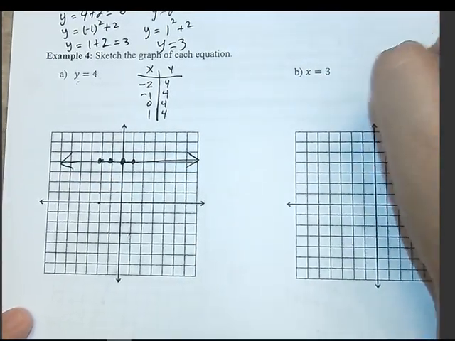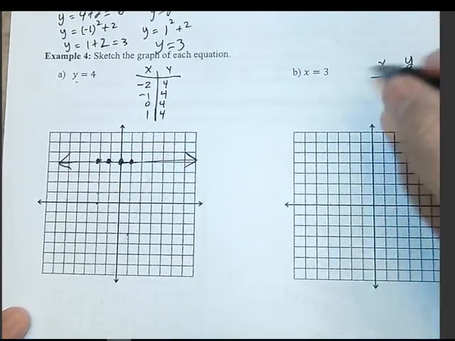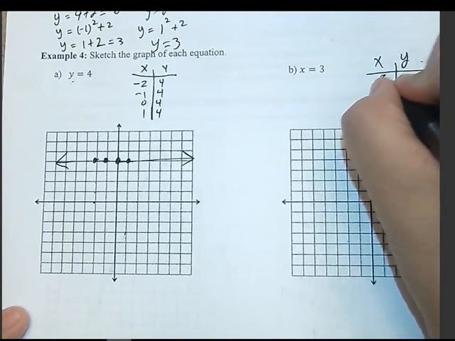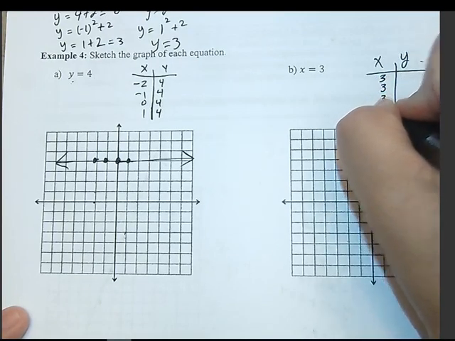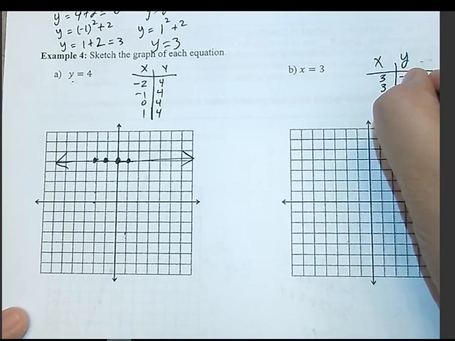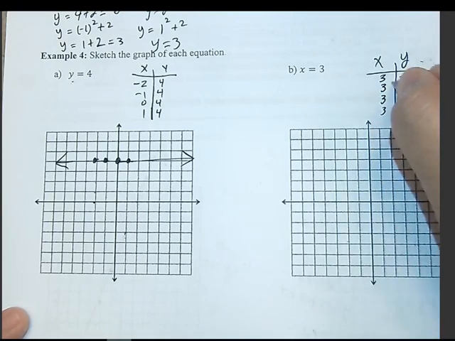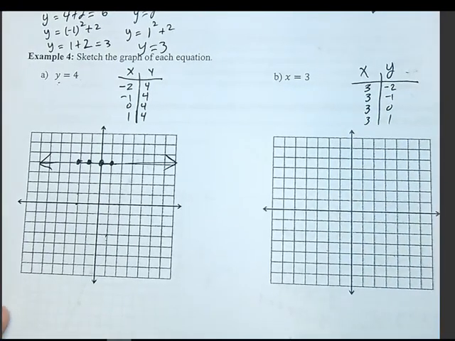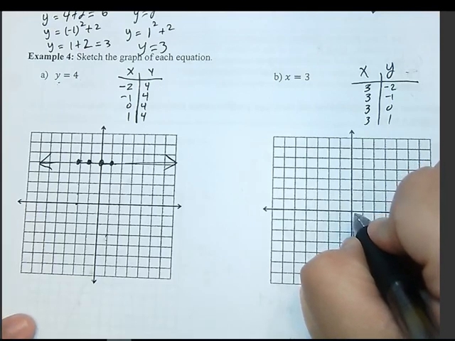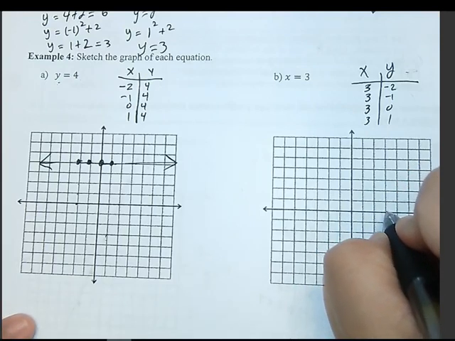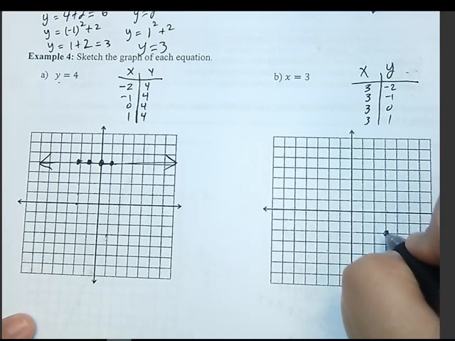And then on the next one, we have that x is 3. So no matter what is going on, your x is always going to be 3. So in this case, y can be anything, but it doesn't matter because x is always 3. So if we plot this, x is 3, and y is negative 2, negative 1, and so on.